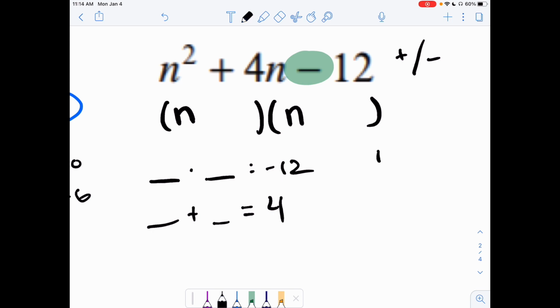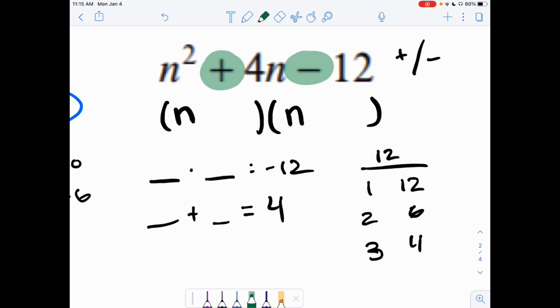So let's figure out my factors of 12. They're 1 and 12, 2 and 6, 3 and 4. Now because this is positive, that means my larger number has to be positive. So we know our smaller number has to be negative, while our larger number is positive.